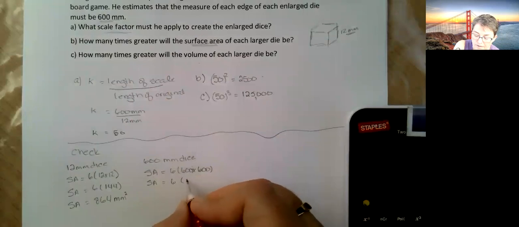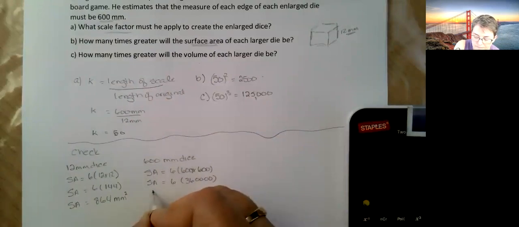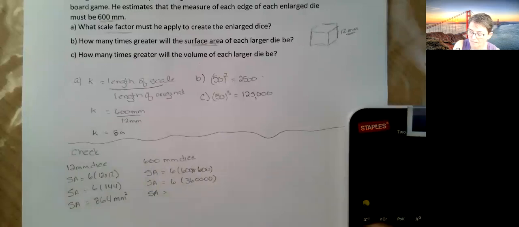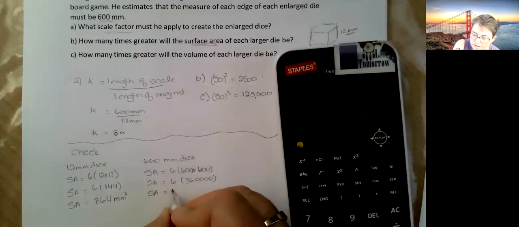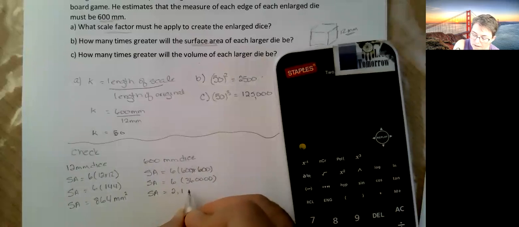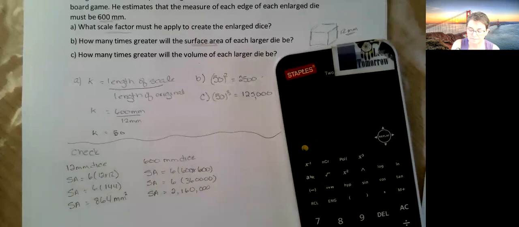They're just a lot bigger. So 6 times 600 times 600. Oh my goodness. 2,160,000 millimeters squared.